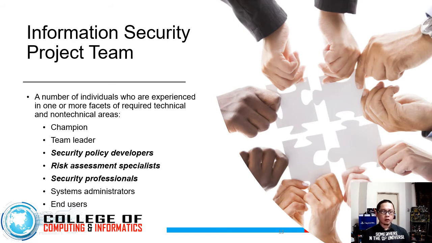In any of these security project teams, someday you will be part of this team, and you will also need to have these skills, whether in terms of managing the project or in terms of identifying which individual is suitable for a task. Just like you see in Mission Impossible, you have a set of people with different skills.